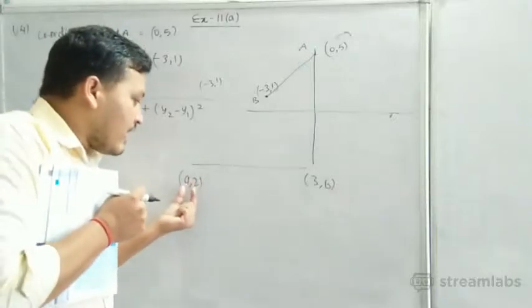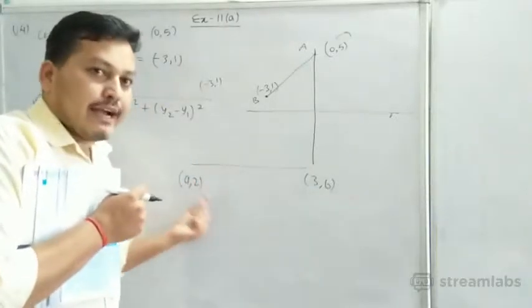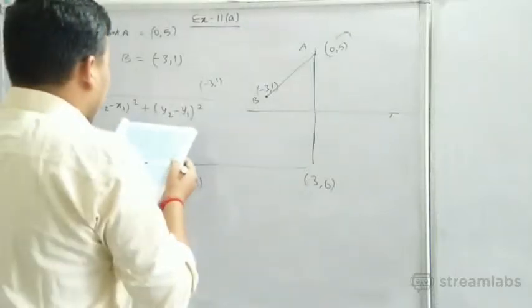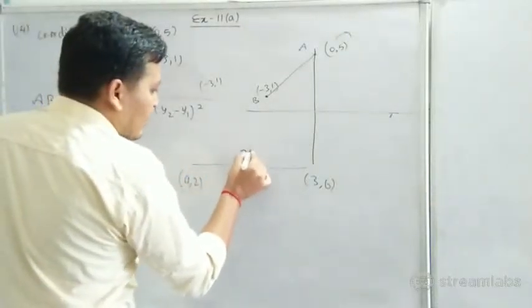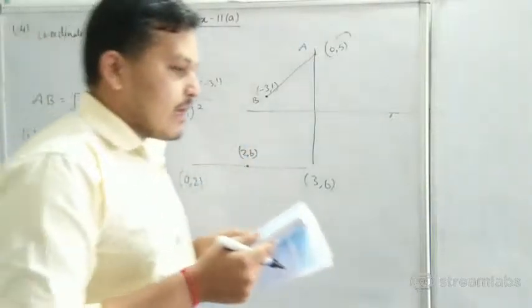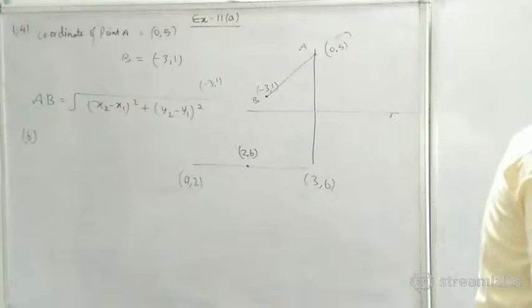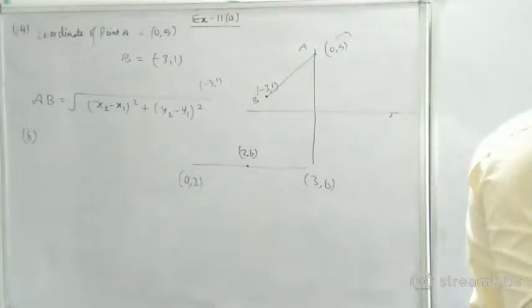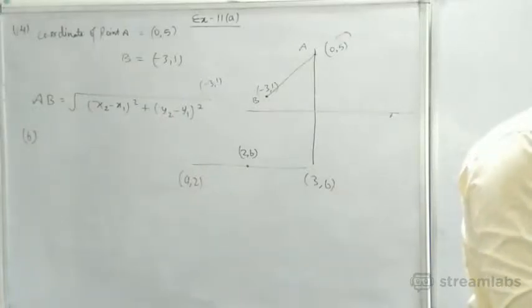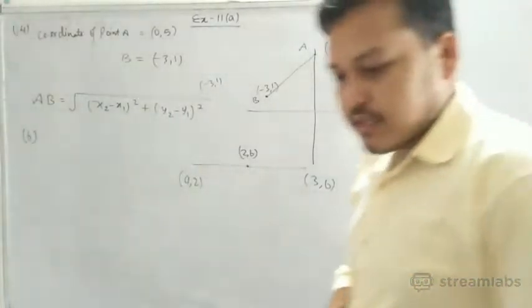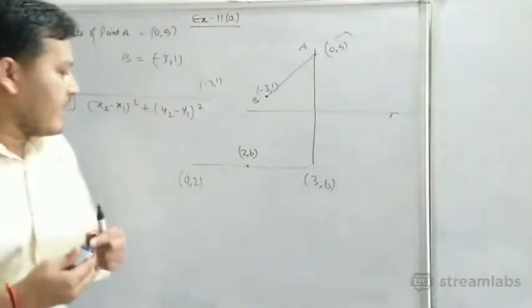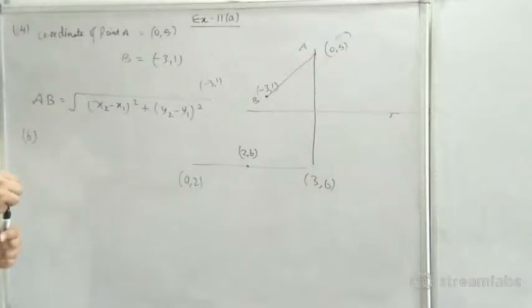The midpoint of the line joining these 2 points is 2 comma B. Then find the numerical value of A and B. That is our question. This is also a very simple question.